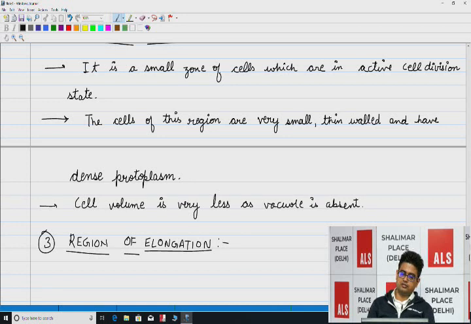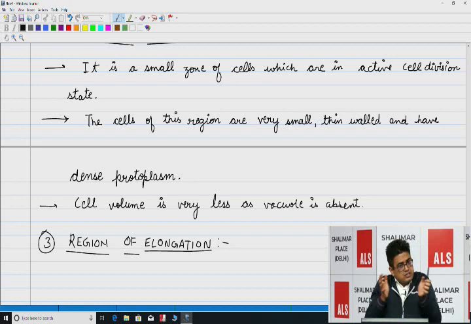Region of elongation refers to those cells which have undergone rapid cell elongation, so they have changed their appearance from very small cells to expanded cells. They have changed their form.